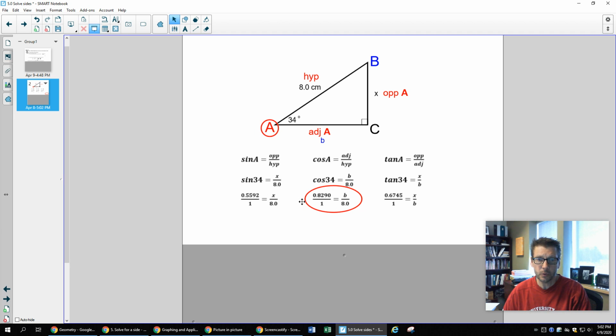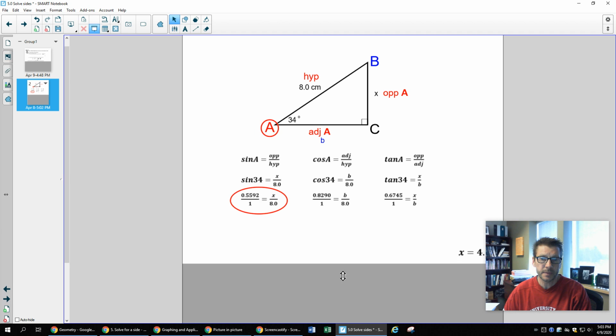I can't use cos 34 because x doesn't even exist in this example. When I come back here, I look at the sine ratio. This is like doing my candy question. I have the numbers that I need to cross multiply. So I'm going to cross multiply. I'm going to multiply the 8 times my decimal, 0.5592, and then divide by 1. And then I get my answer, which is 4.5.